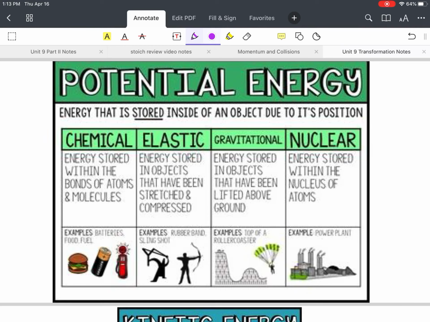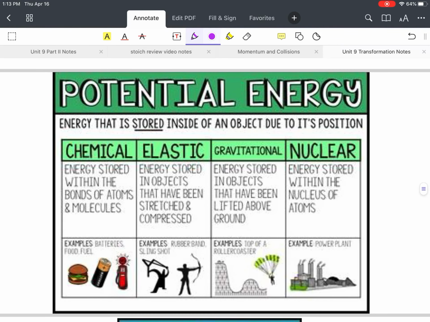So here's a list of some potential energies. You'll need to look at these when you're doing the worksheet for today. Basically all of these energies are called potential because they're all stored in some way. If I think about chemical energy, we have food, right?